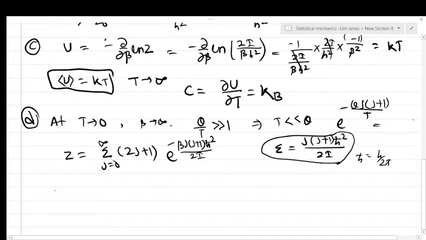So like this, put the value j equal to 0, then the exponential will be 1, so the total will be 1 plus, then put j equal to 1, then that will be 3 e to the power minus beta times 2 h cut square by 2I, and this 2 will be cancelled.